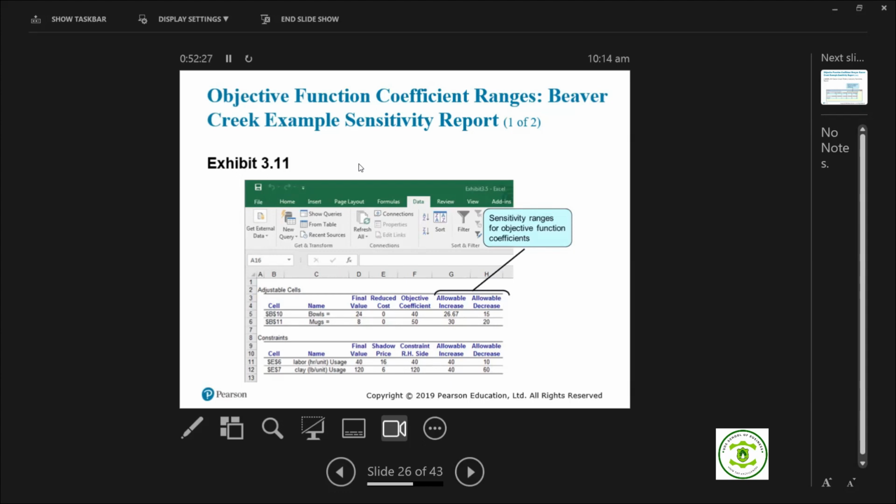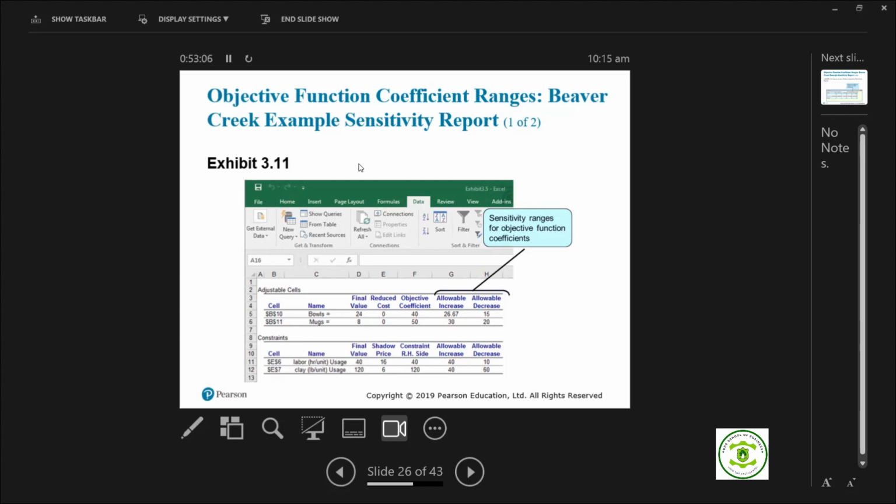Here too, we have to be able to understand what the output is all about. First, we want to examine the sensitivity. The upper part is the sensitivity report for the objective function. The lower part is the sensitivity report for the constraints. So take note of that. This is for the objective function.